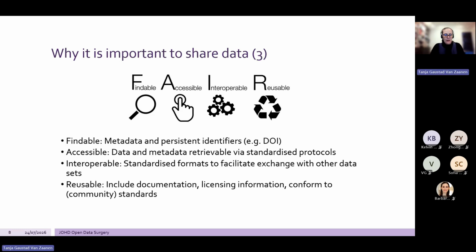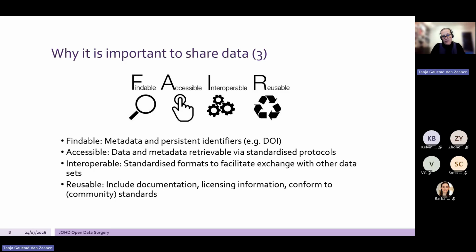Then lastly, I think one thing a lot of people maybe don't know about, but that is very important in our interconnected era, I guess you can say, is the FAIR principles, which is a set of guidelines that are used to optimize the use of digital assets and research data.